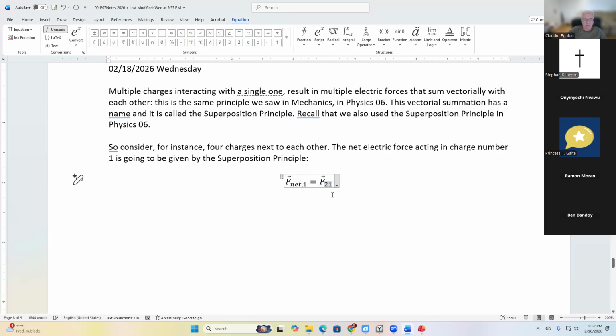I'm going to take out the comma to simplify my notation. Charge 3 applies to charge 1, and charge 4 applies to charge 1. That's what's going to be the net force. And that, again, is a vector.